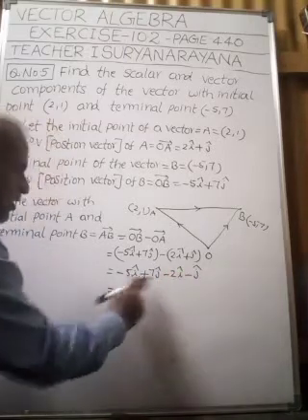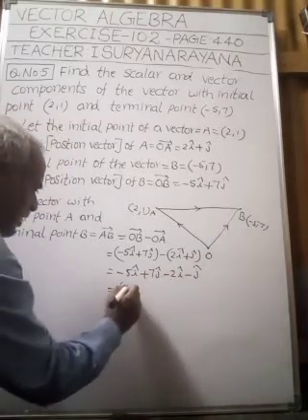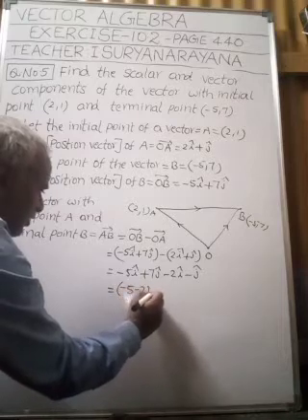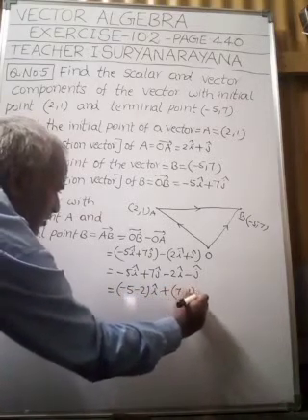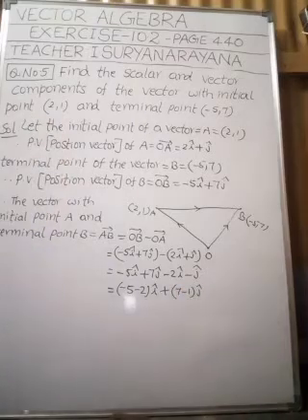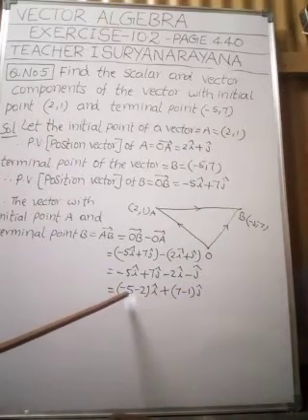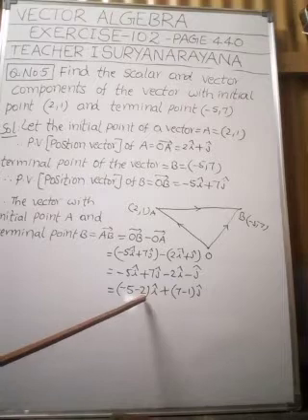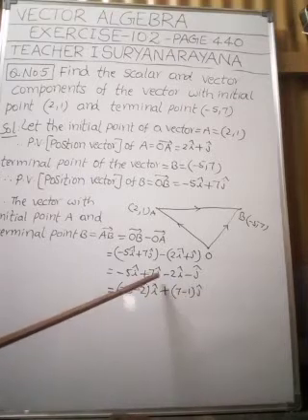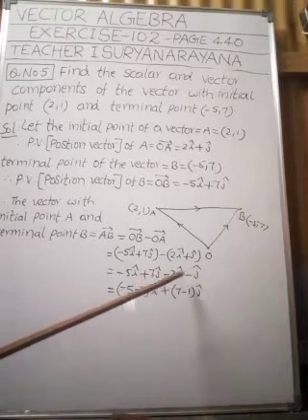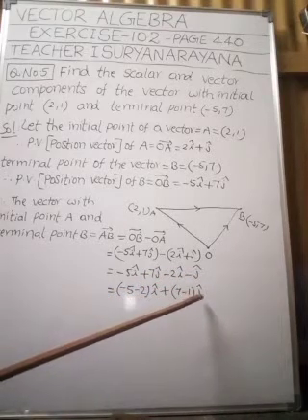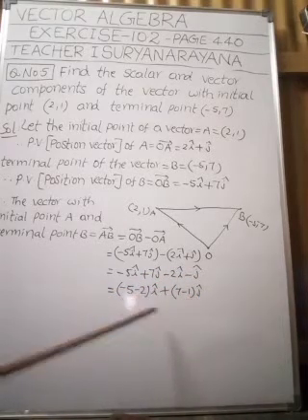Then let us take i cap common. So minus 5 minus 2 into i cap plus 7 minus 1 j cap. I have taken i cap as a common factor, then we get minus 5 minus 2 in these brackets, plus I have taken j cap as a common factor from these two terms, then we get 7 minus 1 into j cap. Understood this step, my children?